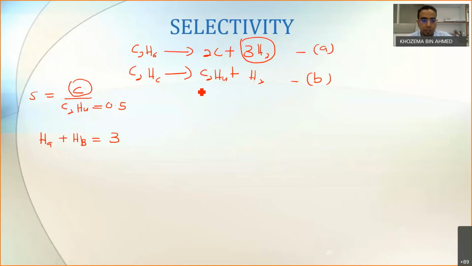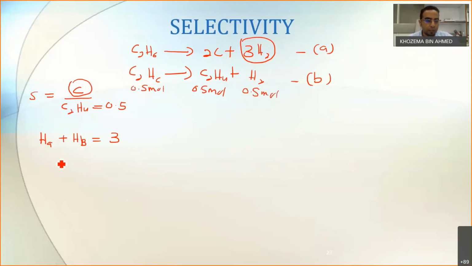Since I have 0.5 mole of C2H4, 0.5 mole of C2H6 reacted, producing also 0.5 mole of hydrogen.